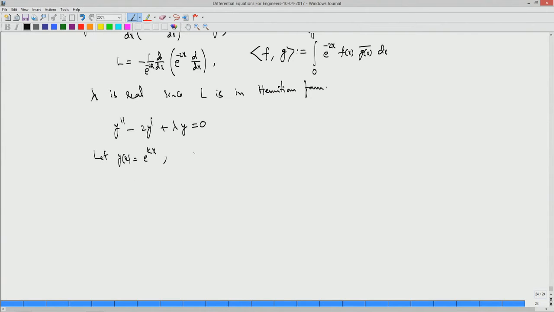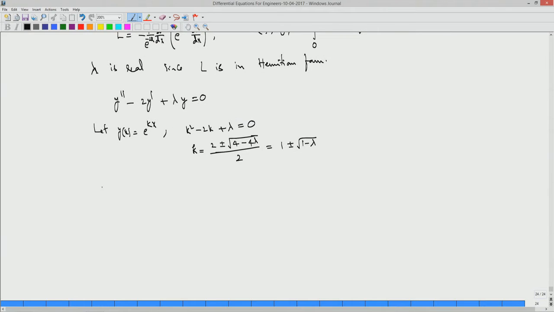If you put it in, you get k square minus 2k plus lambda equal to 0. That gives the k values as 2 plus or minus square root of 4 minus 4 lambda, divided by 2, so 1 plus or minus square root of 1 minus lambda. So these are your roots, which implies you have this general solution.